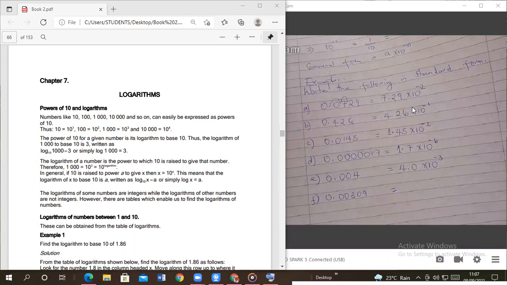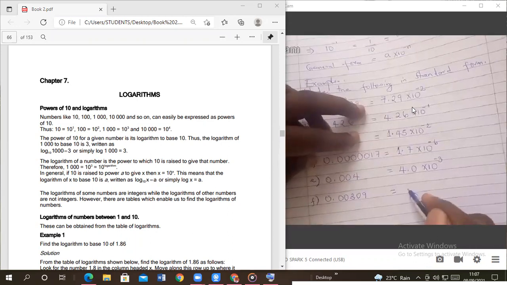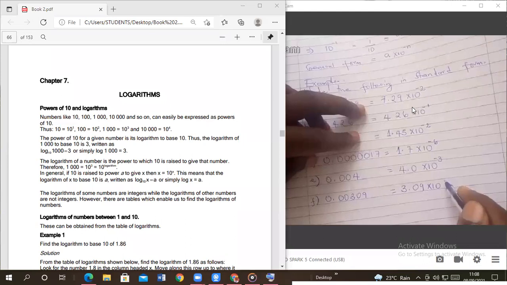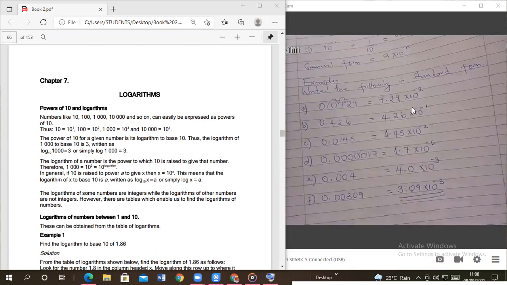What have you written? 3.09 times 10 to the power negative 3. Negative 3. Perfect.